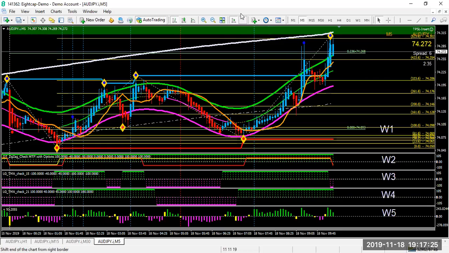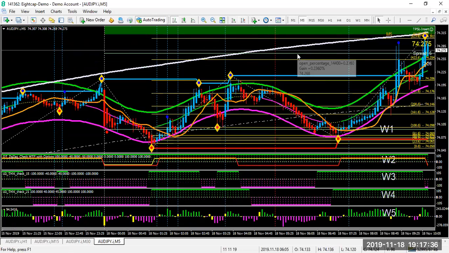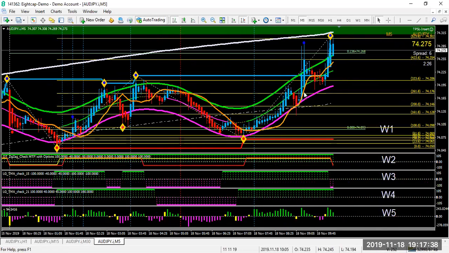Okay, so we've talked about window 2. Let's work here. Over here, price currently has gone to the extreme, got lots of momentum, because we can see window 2 shading.